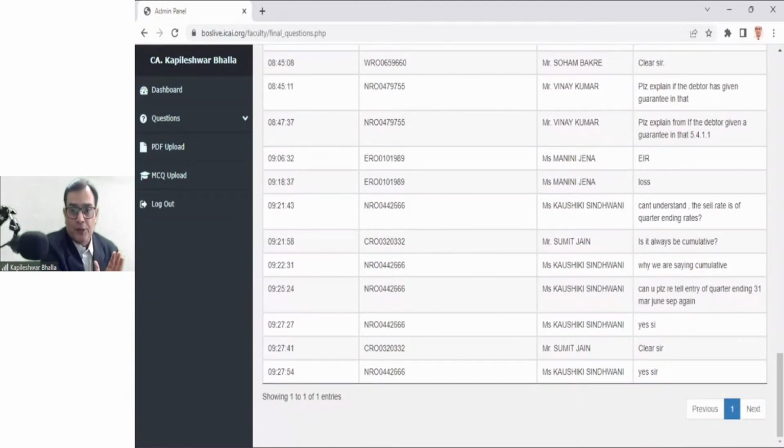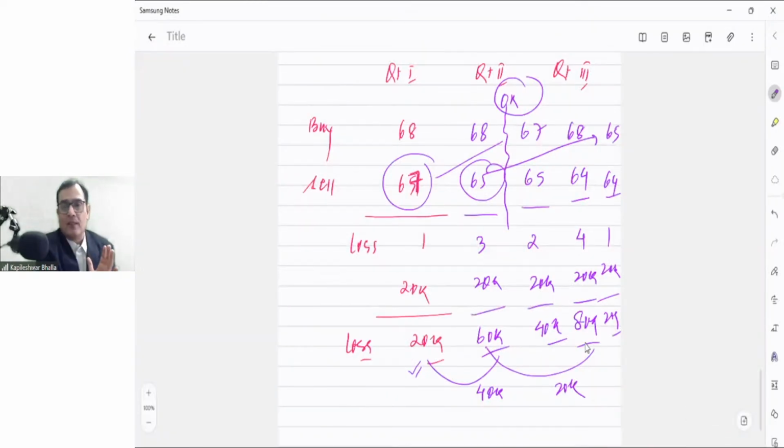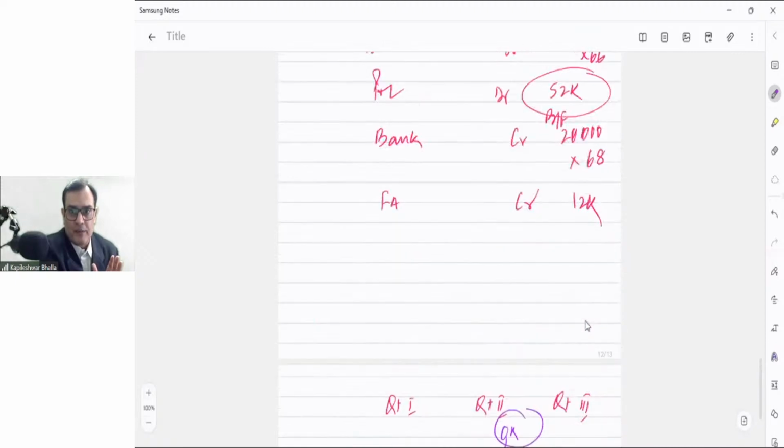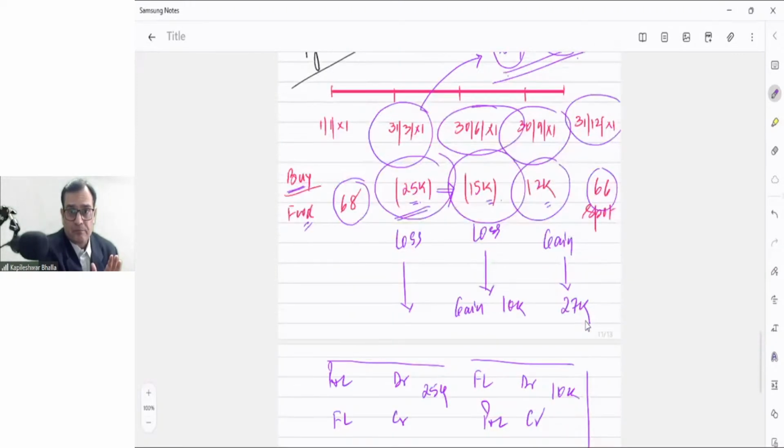Clear, wonderful indeed. So in this particular case, that's how I've taken the set of entries. Now, if I come back, what I did, I first of all booked a loss of 25. Then I said there is a loss of 15, but technically in between the period, there is a gain of 10. Then I said there is a gain of 10, but cumulatively a gain during the period must have been 27.